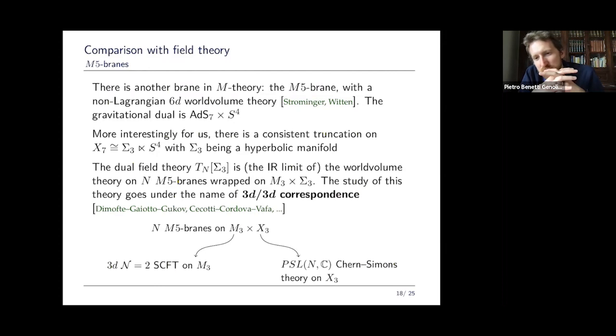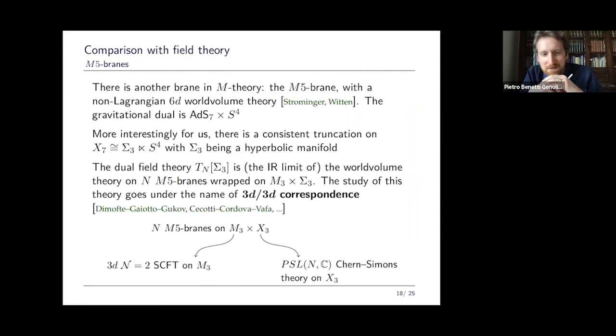The difficulty, why it's so mysterious and why there are a few thousand papers on this subject, is in formulating a description of the infrared limit of this Tn sigma that is simply given in 3-dimensional language.